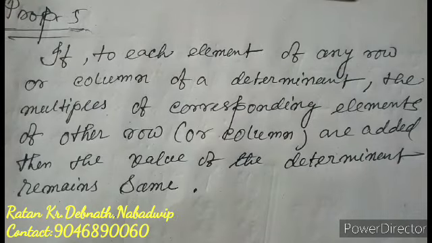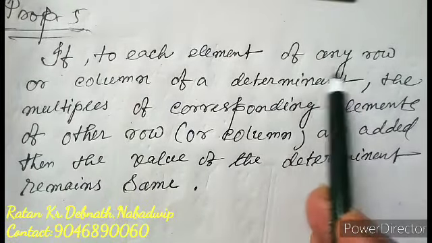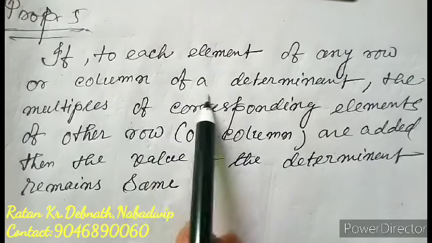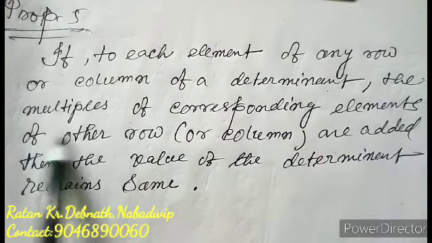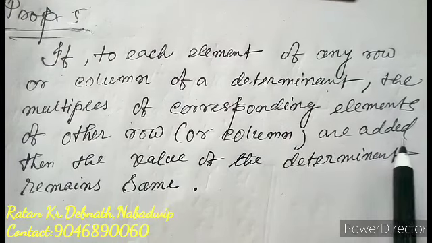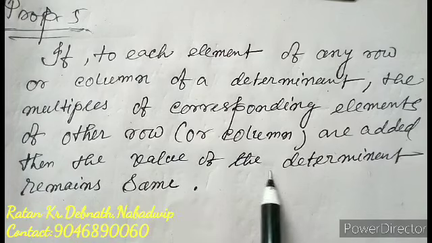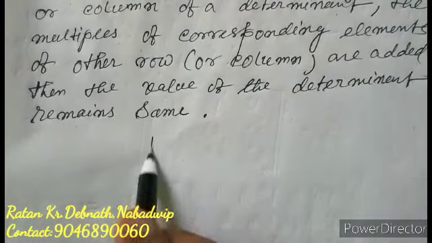The fifth property of determinant on the screen. If to each element of any row or column of a determinant, the multiples of corresponding elements of other row are added, then the value of the determinant remains same.